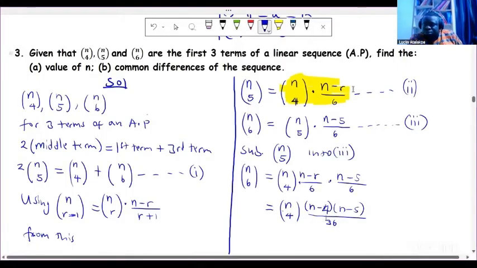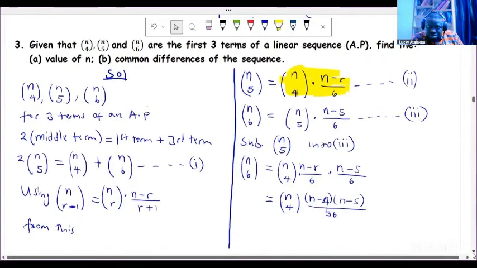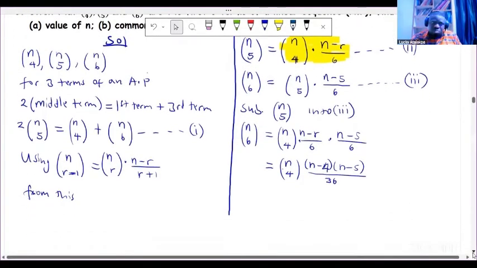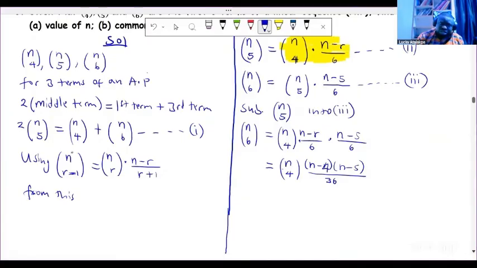Now let's put all the required equation into equation 1. If you put all the required equation into equation 1, now we know that equation 1 is double of the middle term.